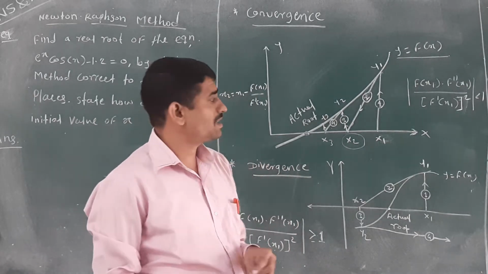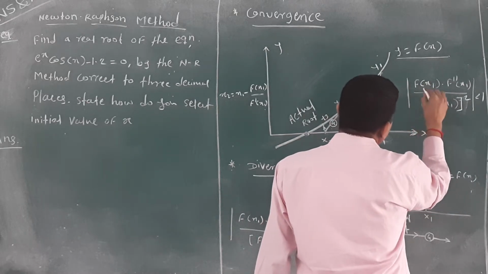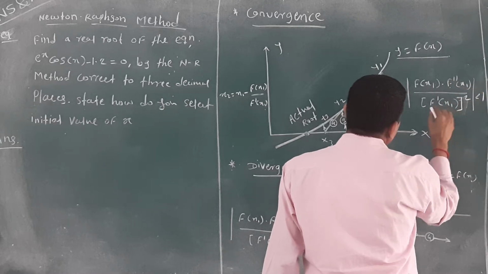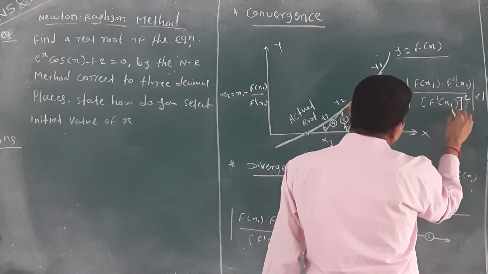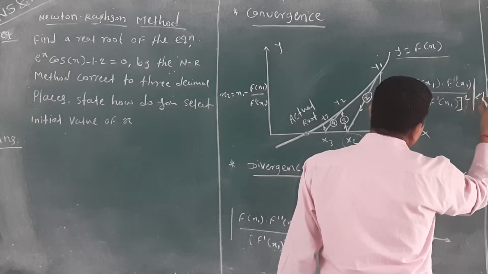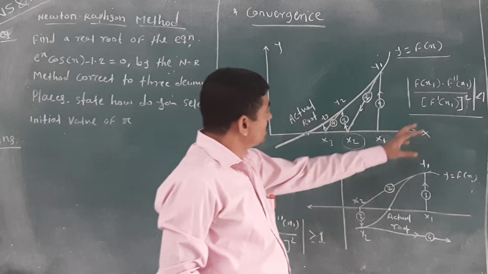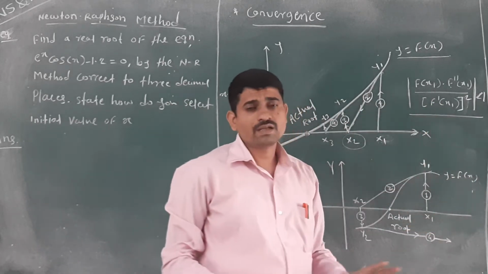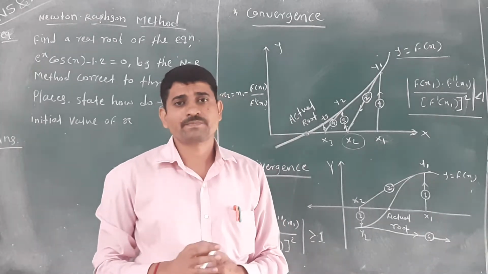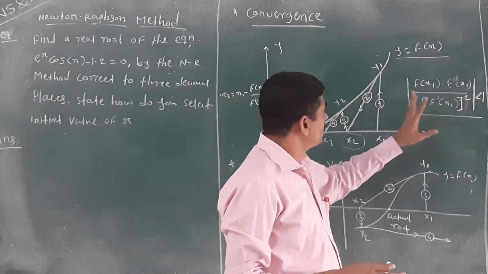You have to use this formula: mod of f of x1 into f double dash of x1, divided by bracket f dash of x1 close bracket square, is less than 1. If this condition is satisfied, then your initial assumption guess is right, otherwise wrong.